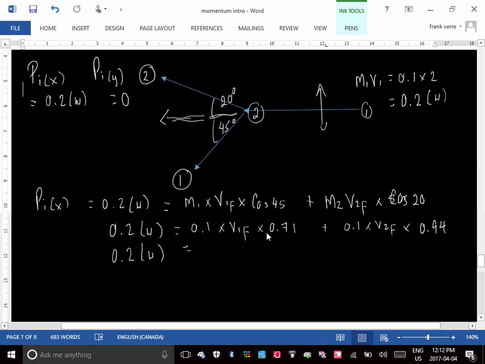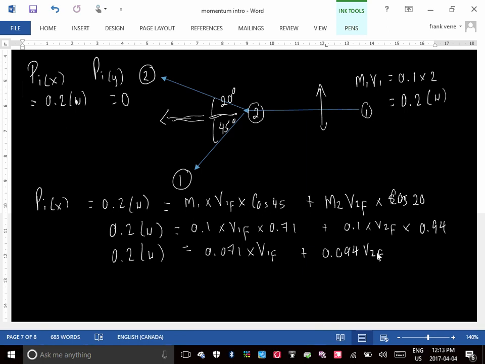So 0.1 and 0.71 multiply and become 0.071. And this becomes 0.094. So there is our equation for the horizontal. Okay? It's 0.2 equals 0.071 v1f plus 0.094 v2f.